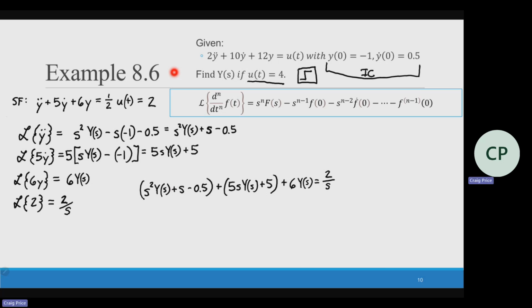So we're taking all those Laplace transforms we did, using the initial conditions, we plug them back into the equation, we replace it. And now our goal is to solve for y as a function of s. We should be able to get it all together and get everything else on the right-hand side.